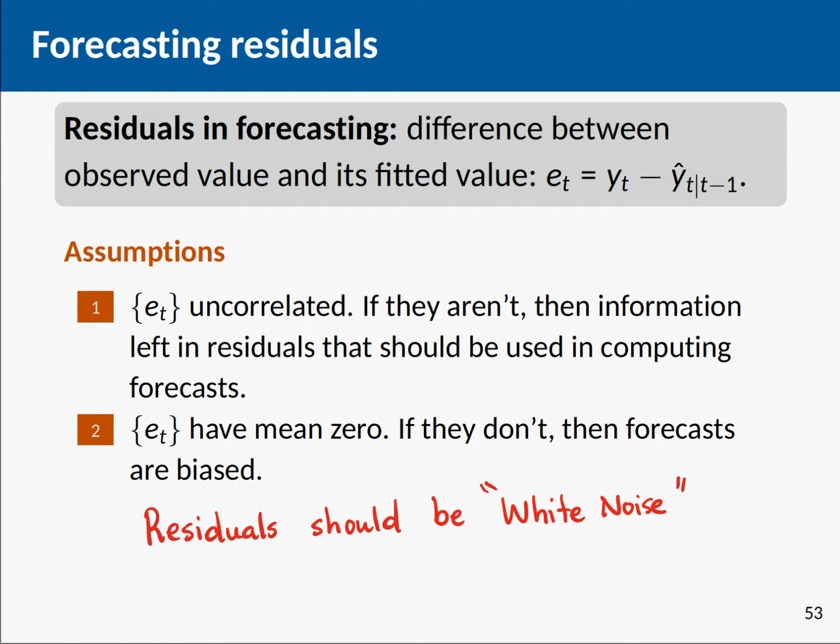If they don't, then forecasts, or fitted values in this case, are considered to be biased. Since we know what white noise processes are, we want our residuals to display properties of a white noise process. We don't want any type of patterns that could be exploited in our residuals. Of course, we want a lot of patterns to exist in our original data set, but not in the residuals.